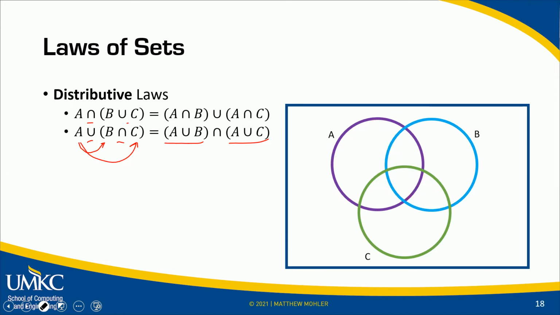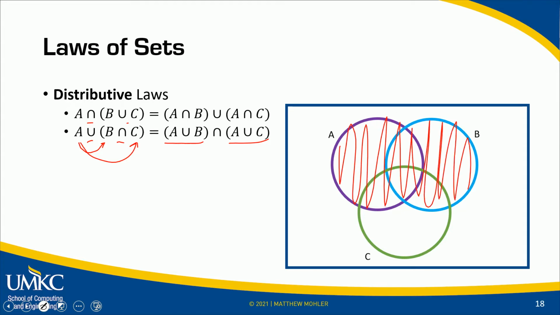Now, if we look at this the other way and look at the right-hand side of this operator, we're saying that that is theoretically equal to (A ∪ B) ∩ (A ∪ C). So if we look at A ∪ B, that is all of this area here. If we look at A ∪ C, that is all of this area here.